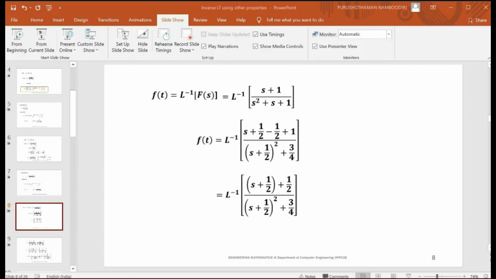Separate that and then take e raised to whatever it is outside, and then calculate the L inverse of that.